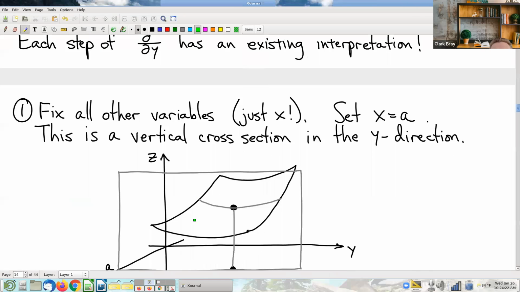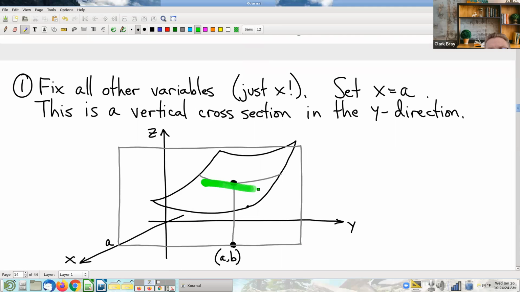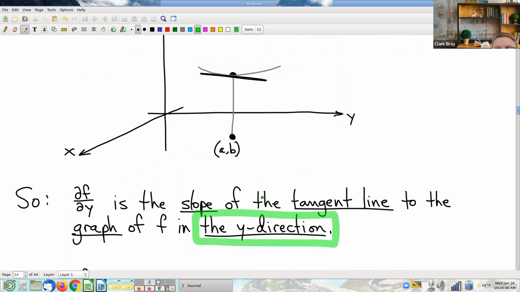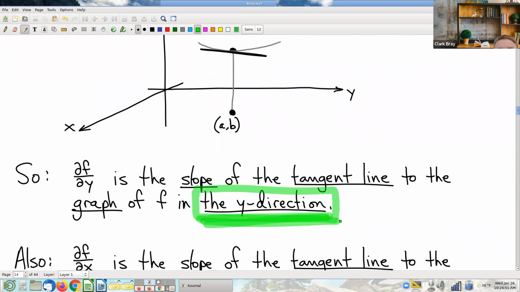There's that one there, but there are other ones, and there's a whole tangent plane even, in which there are countless tangent lines. So you cannot just say a partial derivative is the slope of the graph. Slope in which direction? There's a million directions you can go. It's the slope in the y direction.